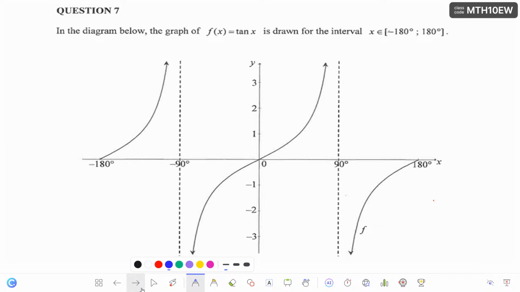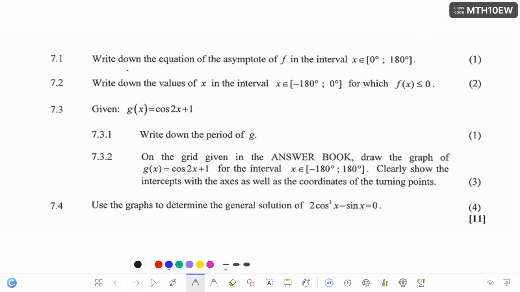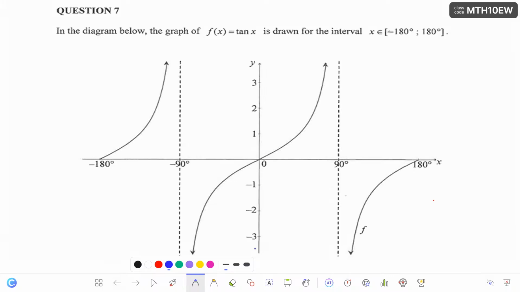Okay, let's check the first question. They said write down the equation of the asymptote of f in the interval x is an element of the real numbers from 0 to 180 degrees. So they are looking for the asymptote from 0 to 180 degrees, meaning on the positive x-axis.